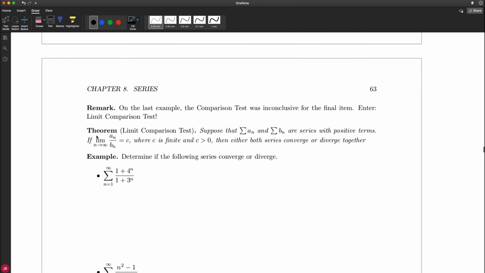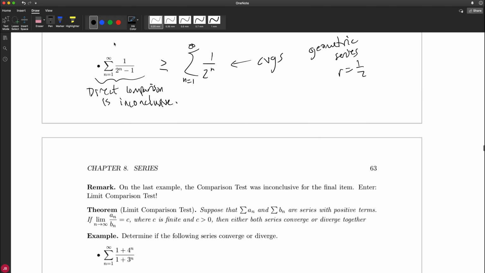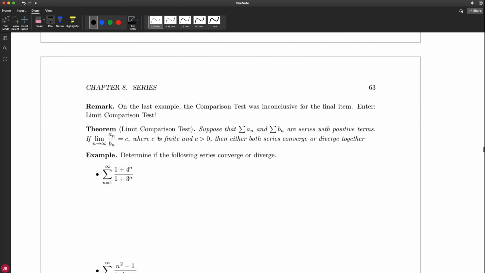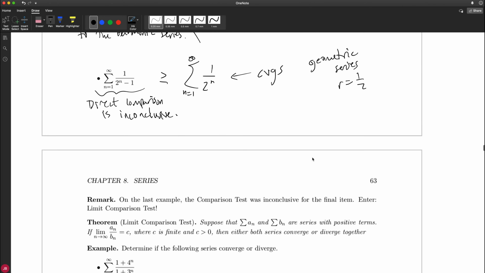And once you've made your decision, then you just take the limit of the numbers that you're adding up, what are known as the summands. Here the summand is 1 over 2 to the n minus 1, here the summand is 1 over 2 to the n. If the limit of the summands comes out to be a positive number, then the series have the same behavior. So they either both converge or both diverge. Okay? So let's actually apply it to this example here.